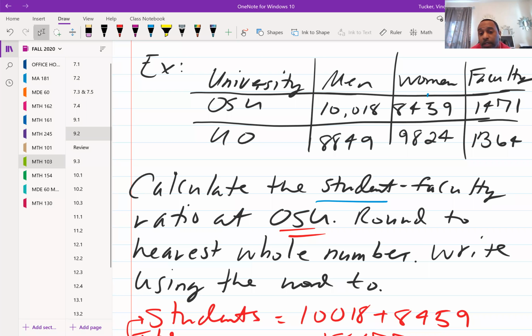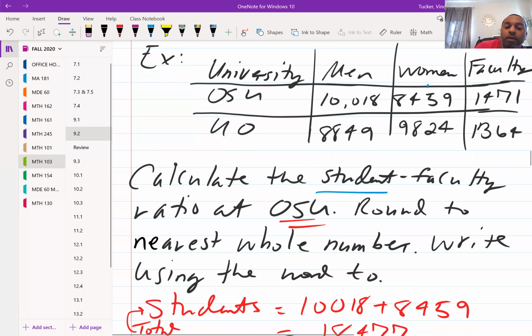So make sure you pay attention to which college they're talking about. At OSU, round to the nearest whole number and write the ratio using the word to. So this time they don't want a fraction.